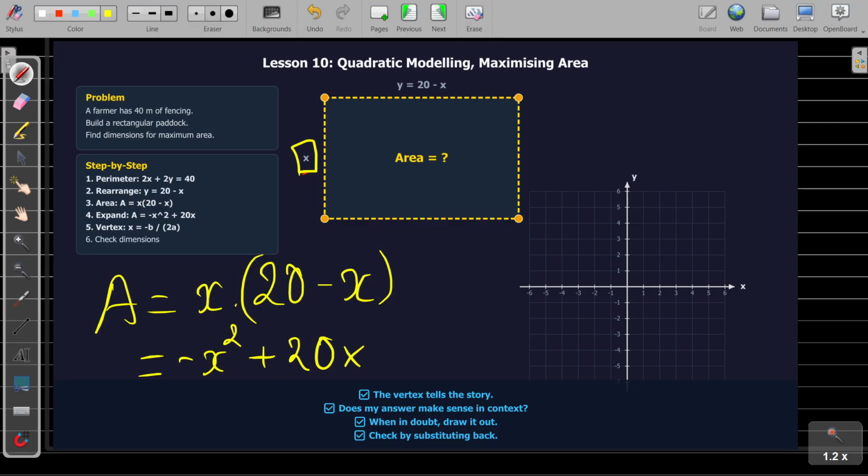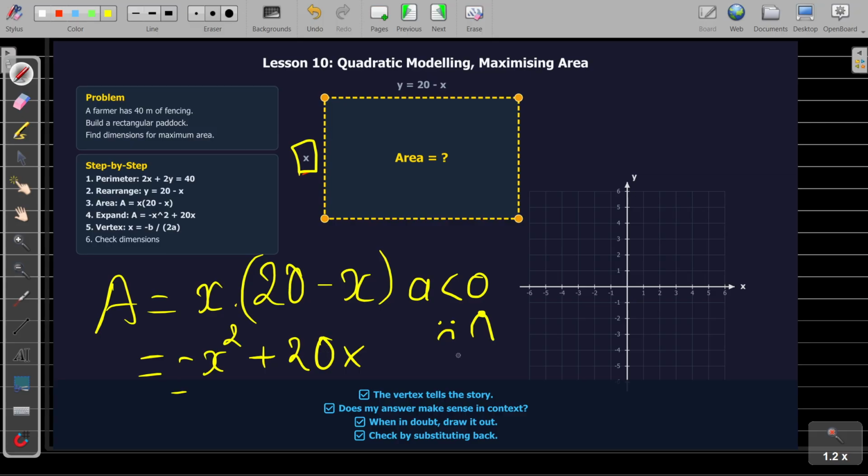Okay, so we have found the quadratic in x, and because the coefficient of x squared is negative, now we're going to tell our story again. A is smaller than 0, so there's going to be a sad face, so it has to go downwards. Because a is negative, this opens downward, and it means it has a maximum point.